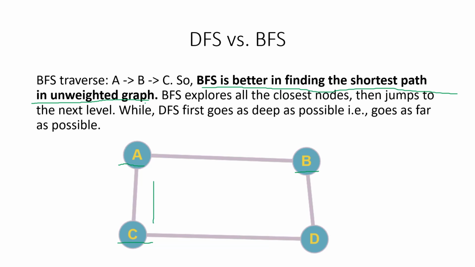The problem of DFS is that it tries to go as deep as possible, as far as possible. That's why BFS finds the shortest path.